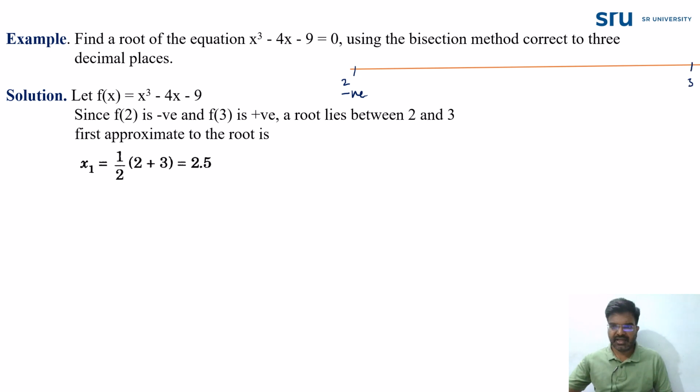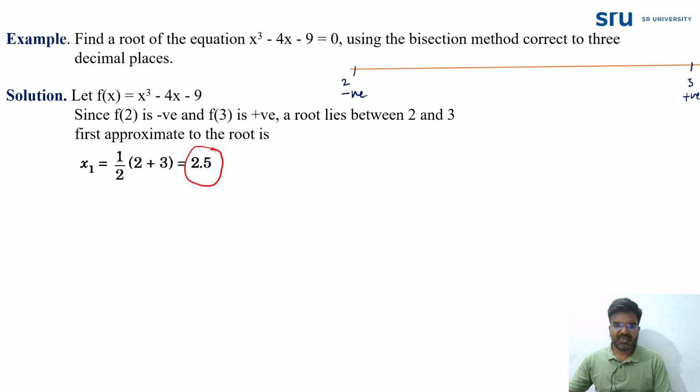At 3, it is positive. The root lies in between 2 and 3. So the first approximation of the root is x1, that is the midpoint of 2 and 3. So we can write x1 equals 2 plus 3 by 2. The value is 2.5.